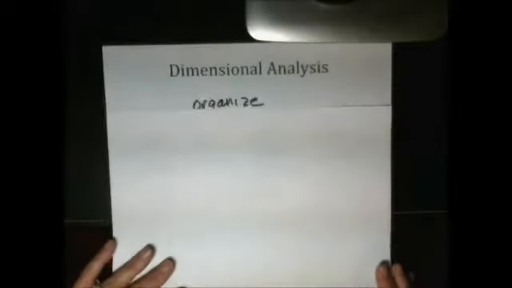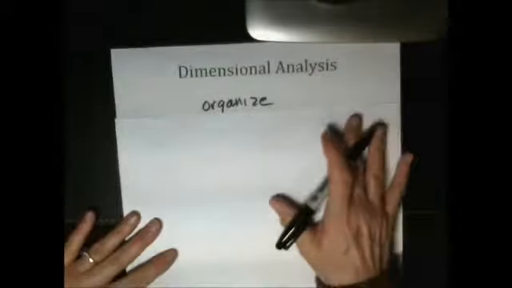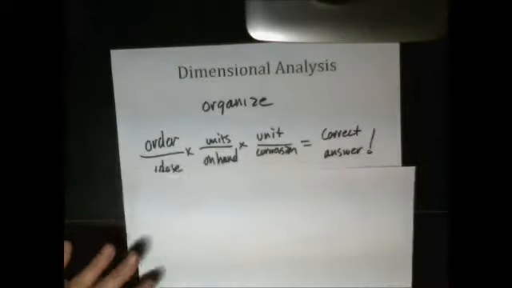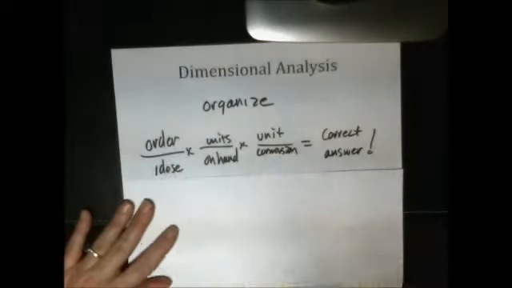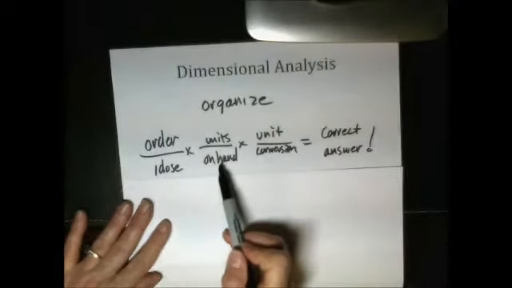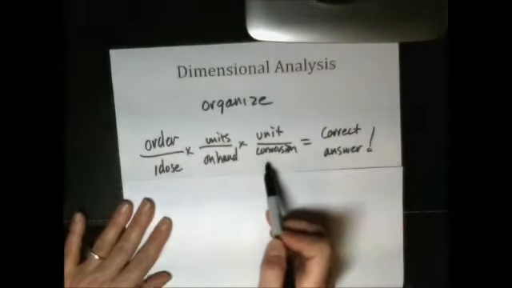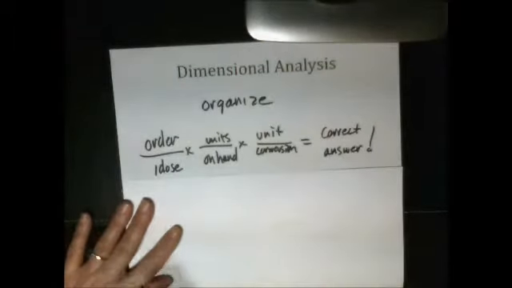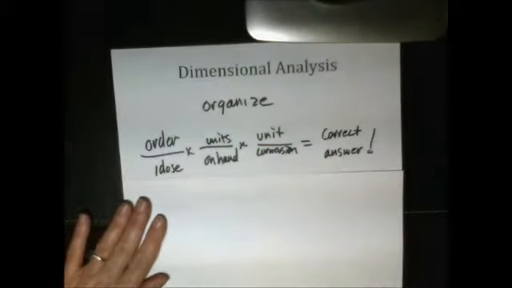So to review, dimensional analysis as a method for us to organize our math calculations. We're always going to put the order on the left-hand side, the units that we have on hand in our pharmacy or Pyxis. If we need a unit conversion, that comes next, and we're going to cancel like units and come up with our correct answer.